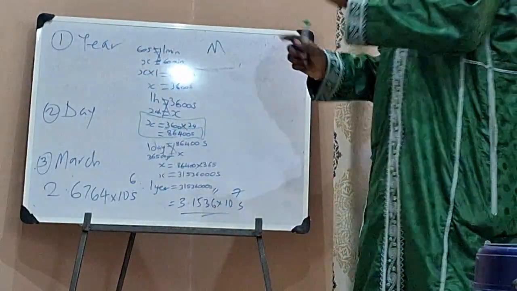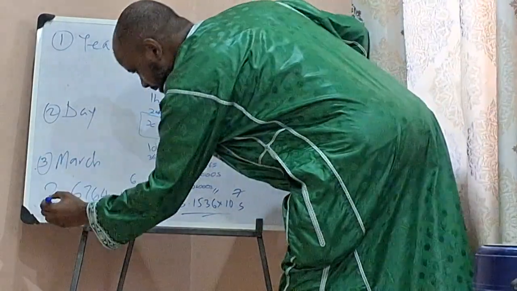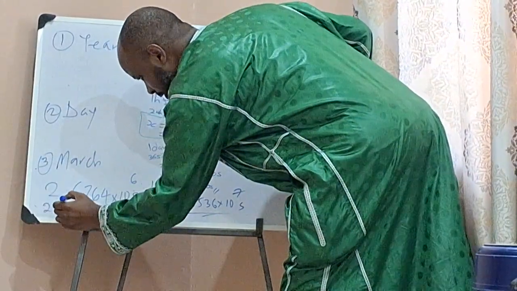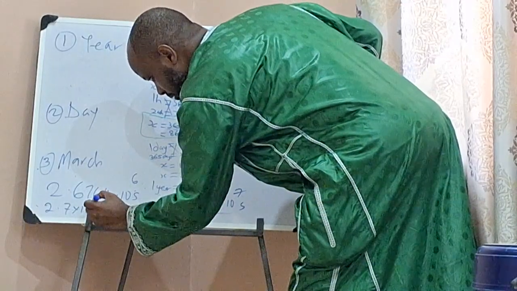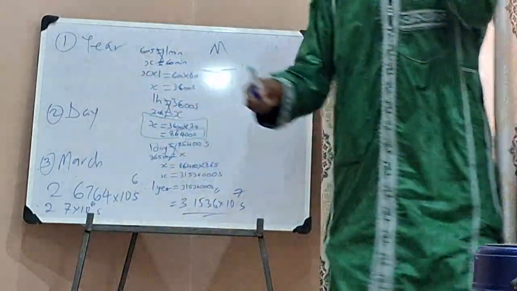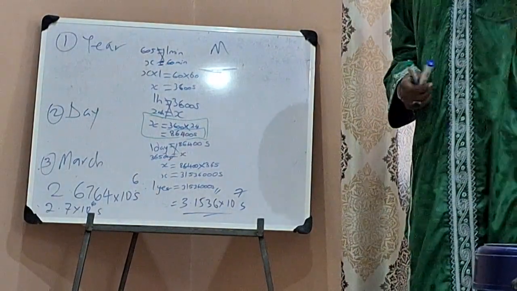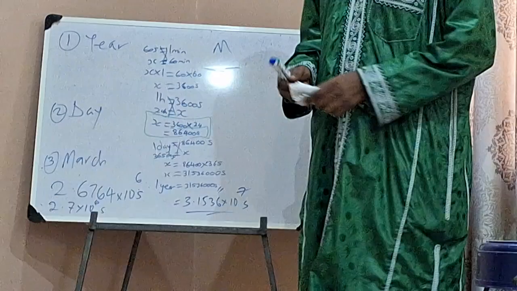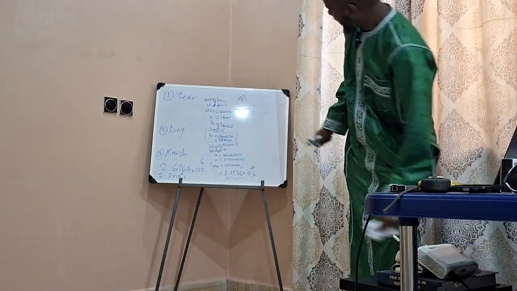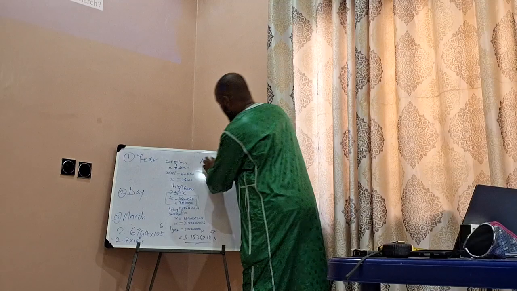Or I can make it two significant figures, 2.7 times 10 to the power of 6 seconds. I didn't move the decimal point; if I had moved it, that is when the exponent would change. Clear? So we are done with this question. Can I clean the board? Okay.